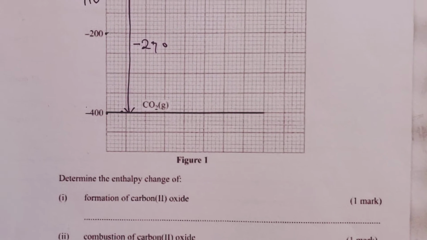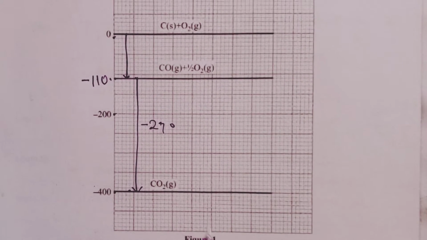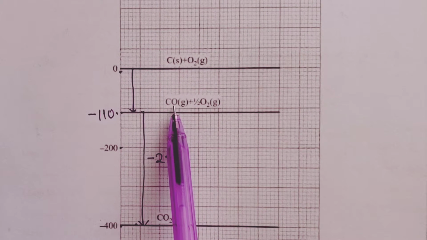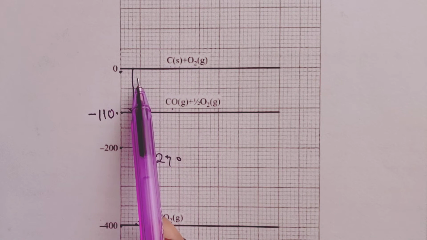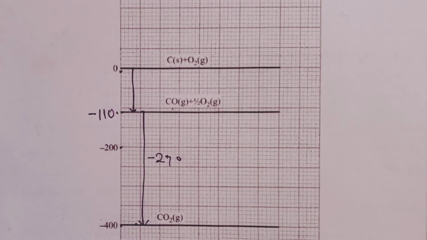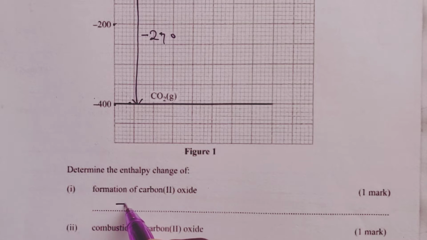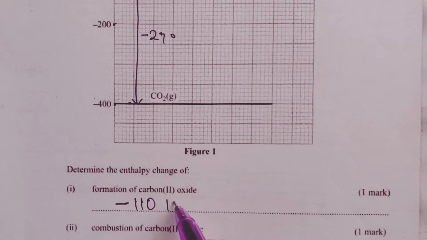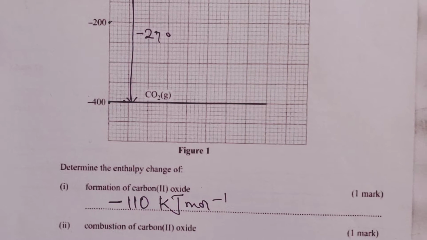So here we need to go back to our graph, and we see that for us to form carbon 2 oxide from carbon and oxygen, we need negative 110 kilojoules of energy. So that becomes our answer to Roman 1 of part A. So here we have negative 110 kilojoules, of course, per mole of carbon 2 oxide formed.